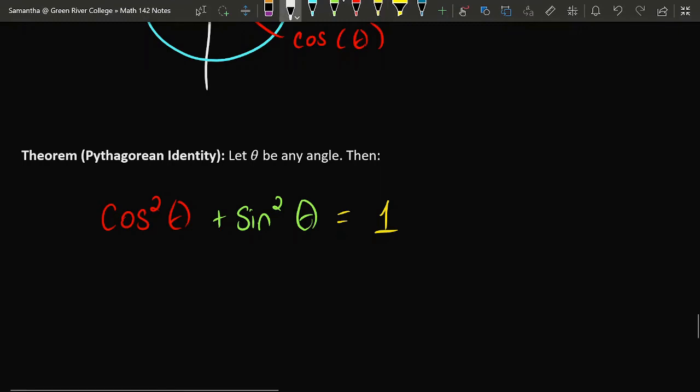Another thing that I want to point out is that whatever angle you're working with, the angle inside cosine and the angle inside sine have to be exactly the same for this to work.